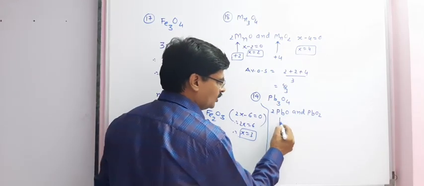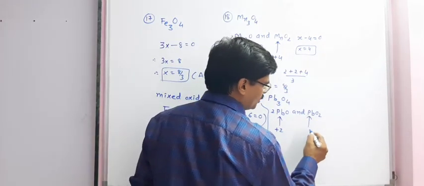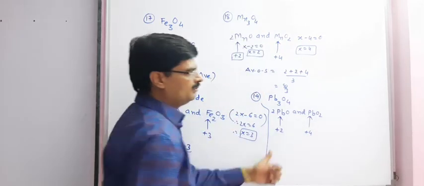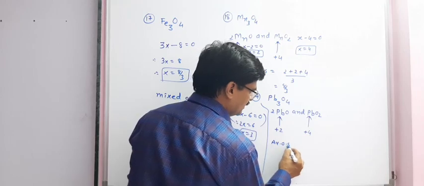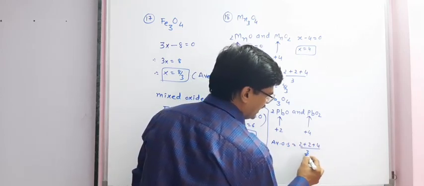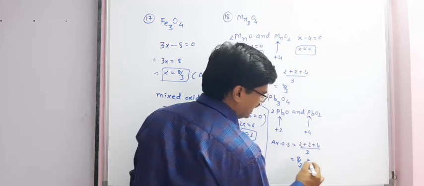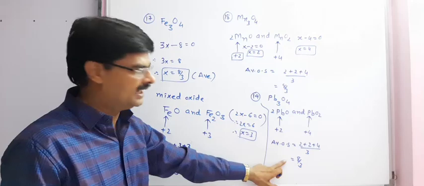In PbO, the oxidation state will be +2, and in PbO2, the oxidation state will be +4. And the average oxidation state will be 2 plus 2 plus 4 divided by 3. Therefore, it is 8 by 3. So the average oxidation state will be 8 by 3.